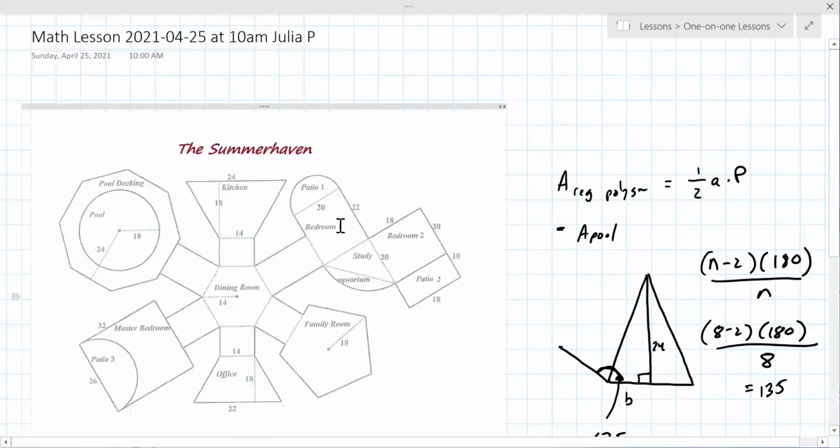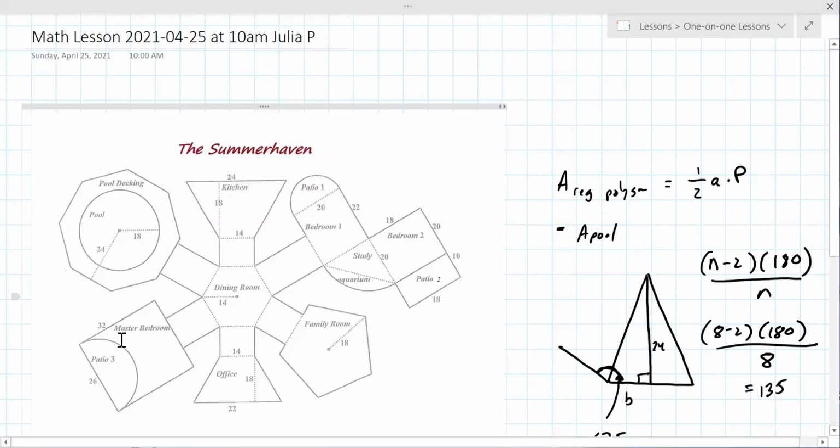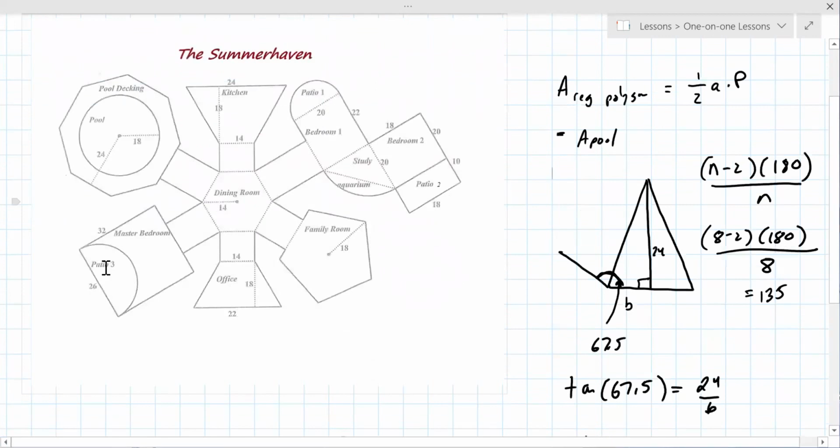Okay, so bedroom 1. It wants master bedroom, but can we do these out of order? Okay, let's go. What a weird house. Okay, master bedroom. The master bedroom is over here on the left, and it's this rectangle subtracting this semicircle.